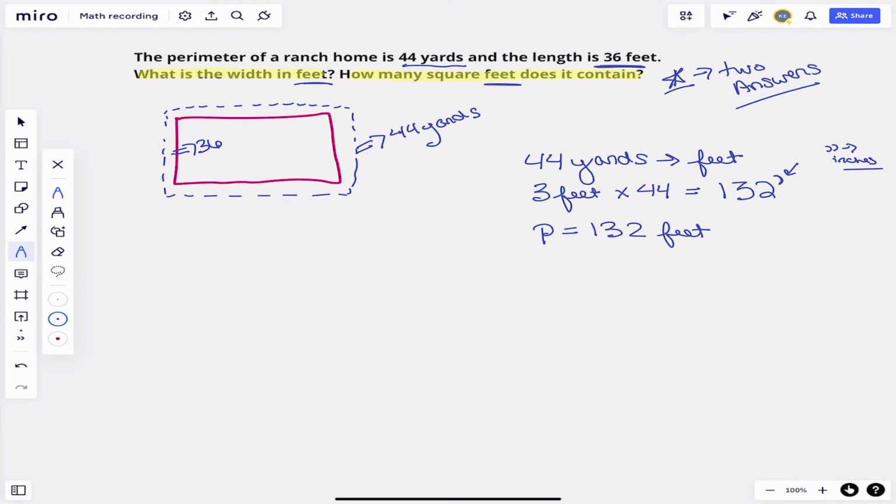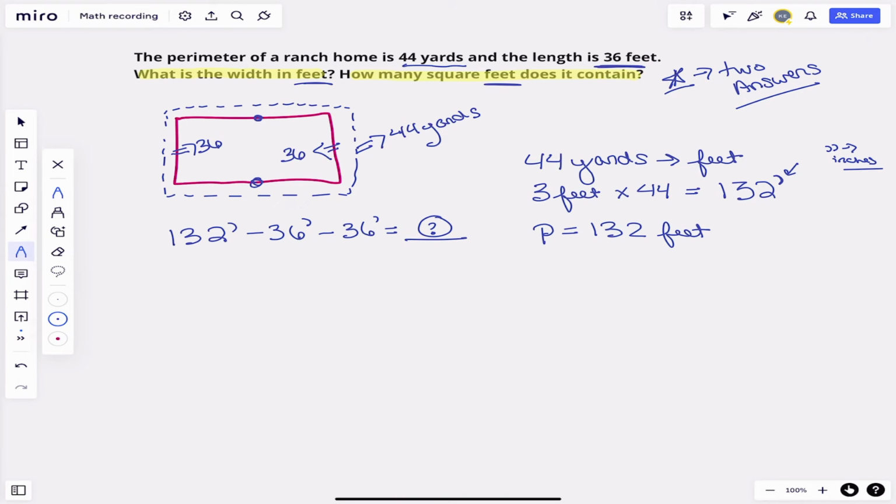And if this is a rectangle, it is a ranch home, then I know that this piece right here is also 36. So of my 132 feet, I know that my two lengths will be 36 feet and another 36 feet, which means whatever this number is here, it is this piece and this piece together.